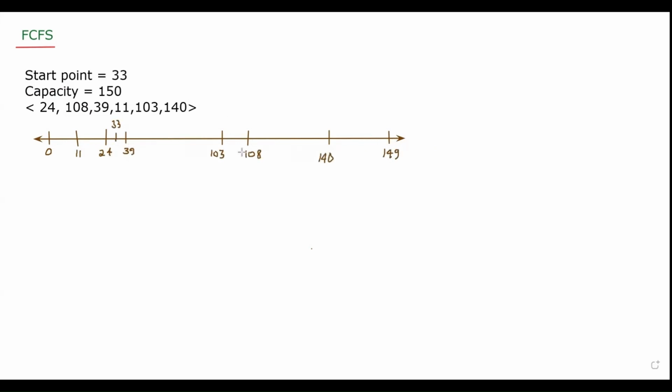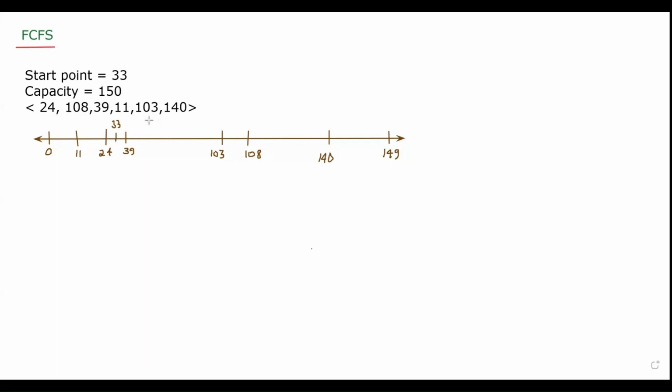So now we have our number line, and the start point at 33, capacity 150, and the following values 24, 108, 39, 11, 103, and 140. So now I'm going to be drawing some arrows.